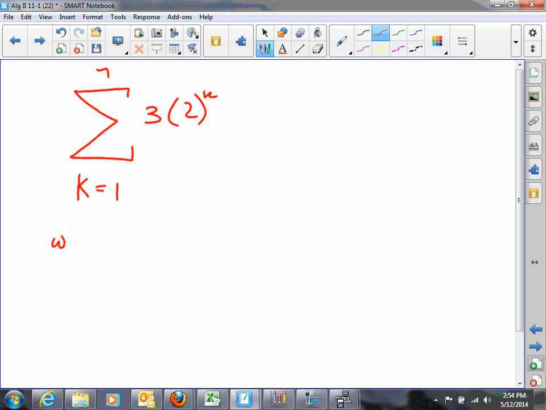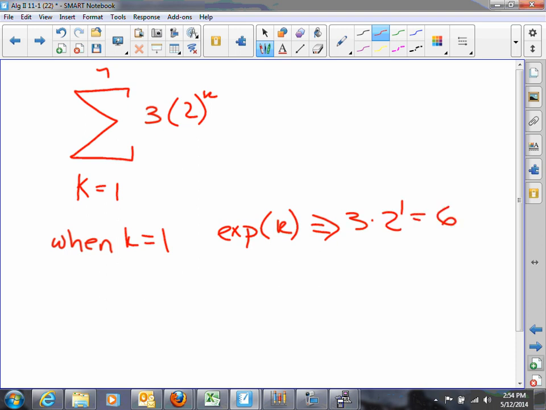It turns out that when k is equal to 1, the expression of k, in other words, in this case, 3 times 2 to the 1, is the first term. So, in other words, you just put whatever number you have here in for k in the expression, and that'll give you the first term.